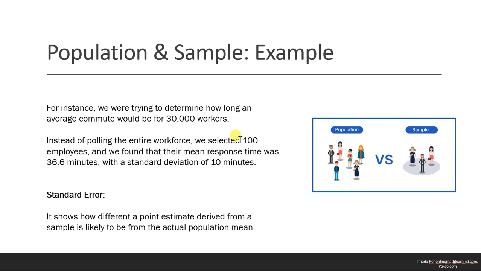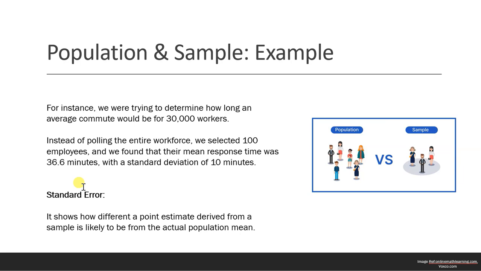So for that reason, we might go for sampling distribution, because it is easier to check the commute time for 100 employees. Obviously, we can't be 100% correct, right? If we are doing it for a sample, for some the commute time is 10 minutes, for some it is 100 minutes. Like that, there is some error, which we call marginal error, or you can say standard error, and we will be seeing that soon enough.